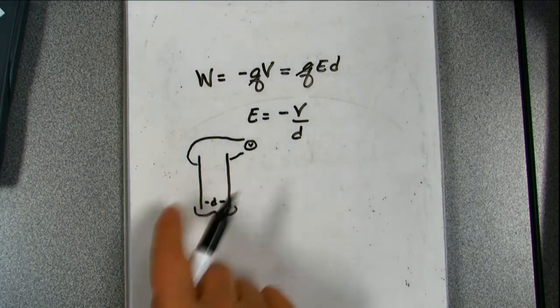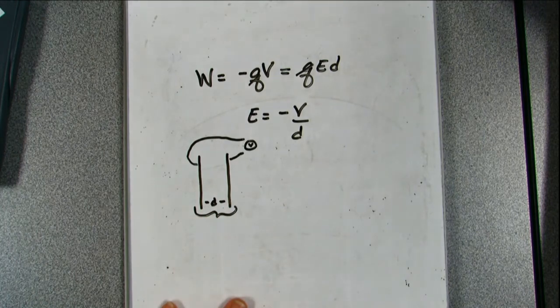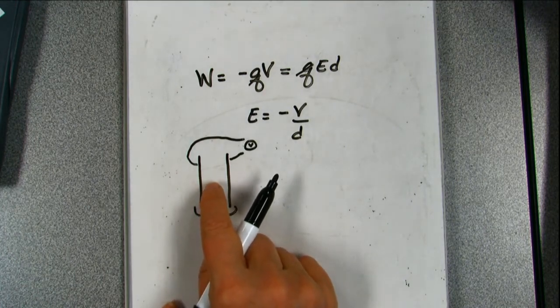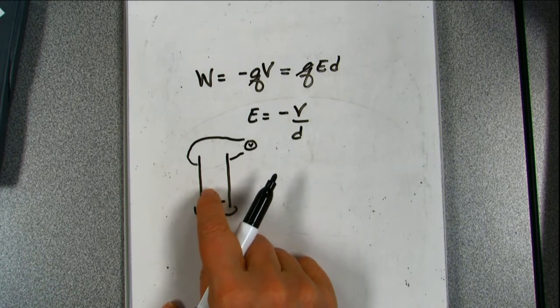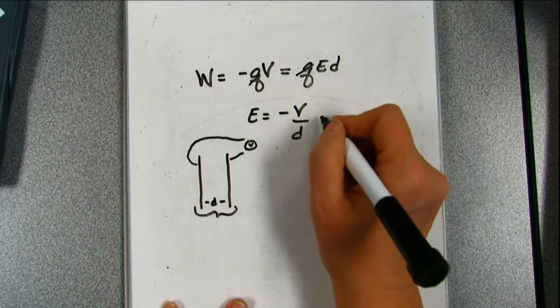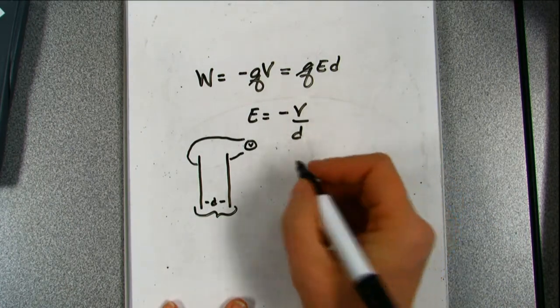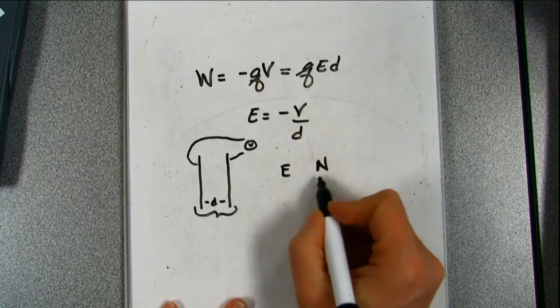I can calculate my electric field inside the two plates. It's super easy to calculate inside the field. Now remember that we said an electric field has units of Newtons per coulomb.